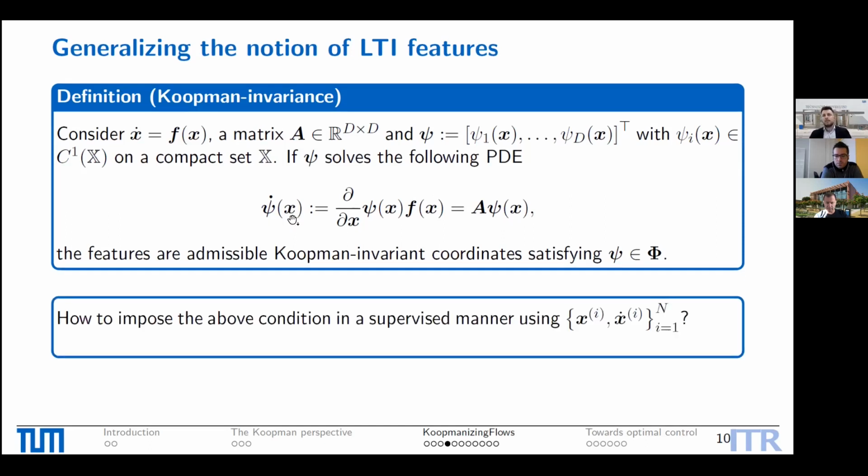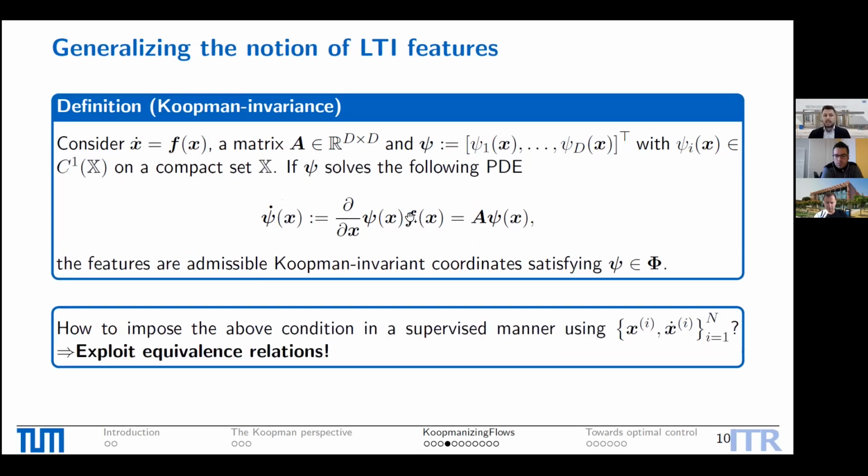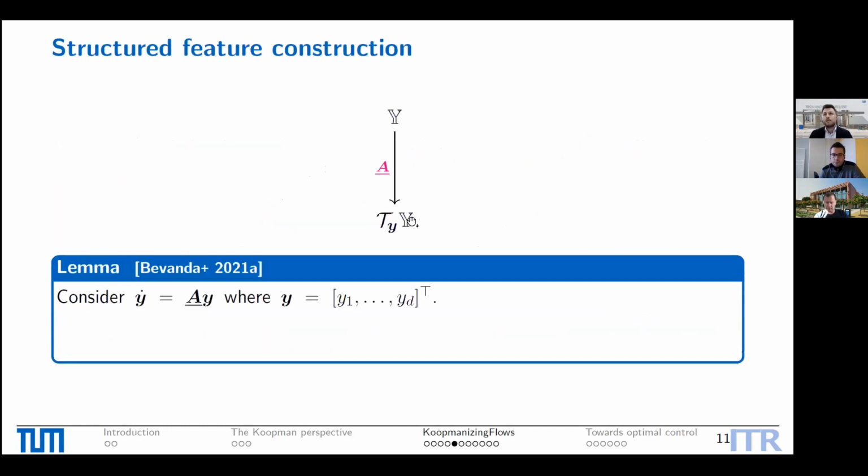So how do we propose to go about it? What we suggest is exploiting equivalence relations. And this notion is actually not so unknown. There have been a few works considering conjugacy between a linear system and a nonlinear system.